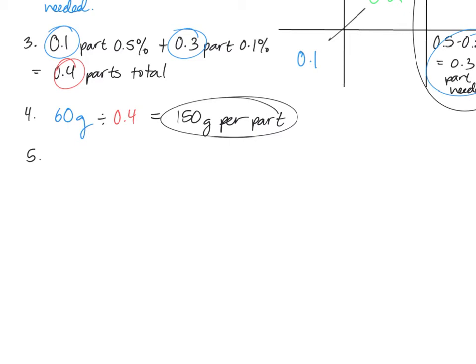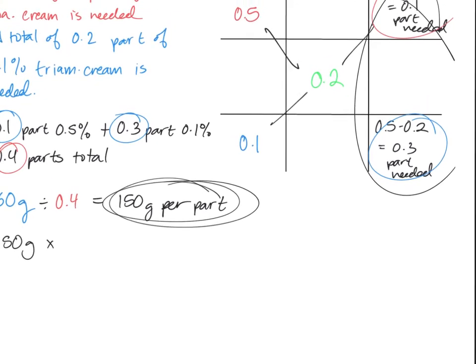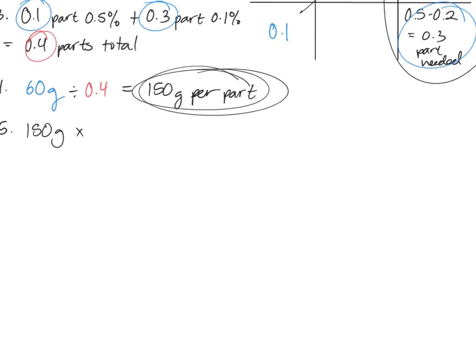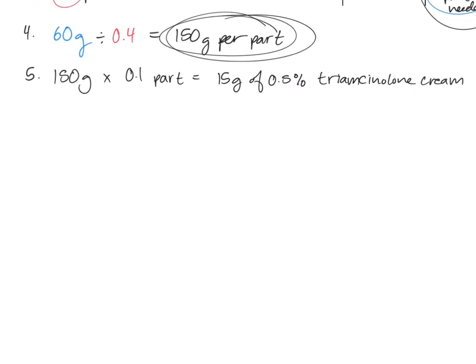The 150 grams per part, multiply that by the part we found on the top, which was the 0.1 up here. And we'll get 15 grams of the 0.5% triamcinolone cream. Okay, so we found that.